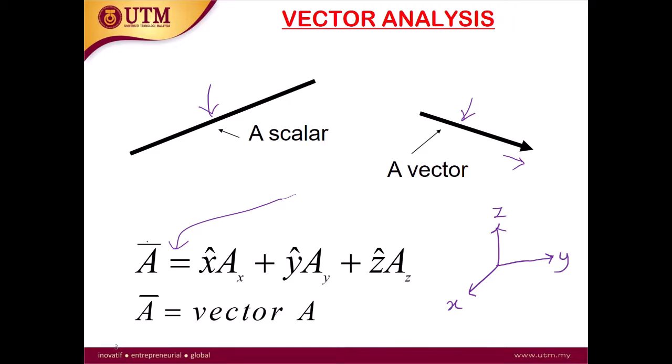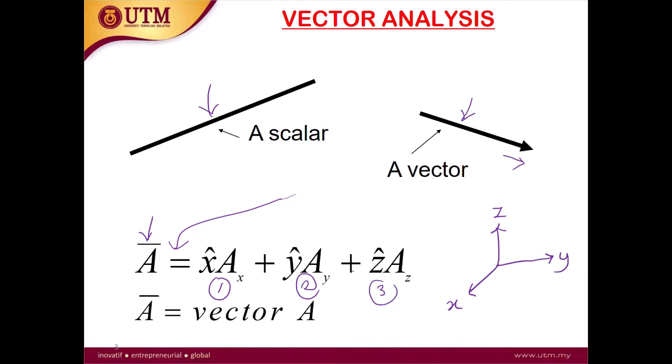So the A bar, the bar here, represents a vector. That means A is a vector. The components of A are Ax in the direction of x, and then Ay in the direction of y and Az in the direction of z.